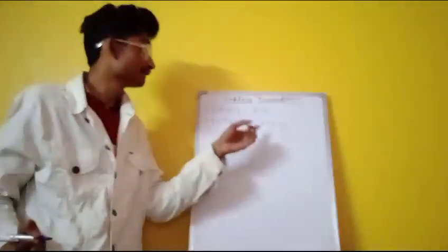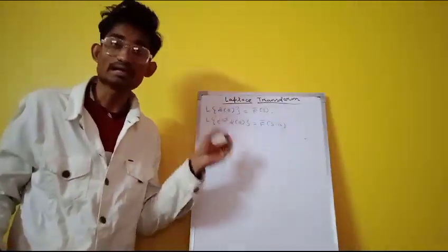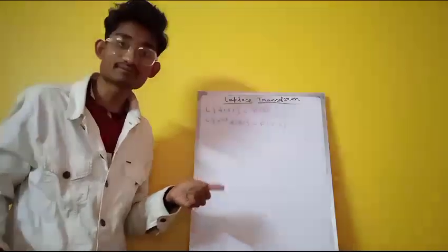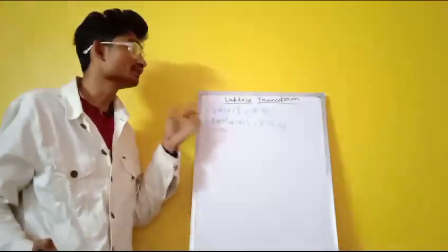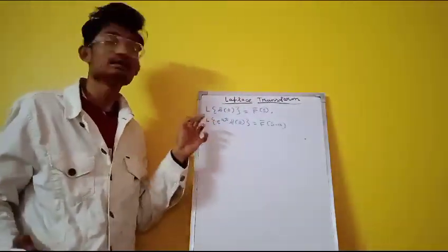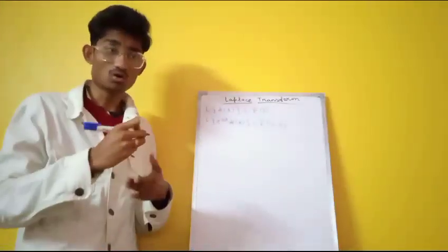Just simply subtract this term a from s and put s minus a in place of s in the original formula, then that would be your first shifting property.